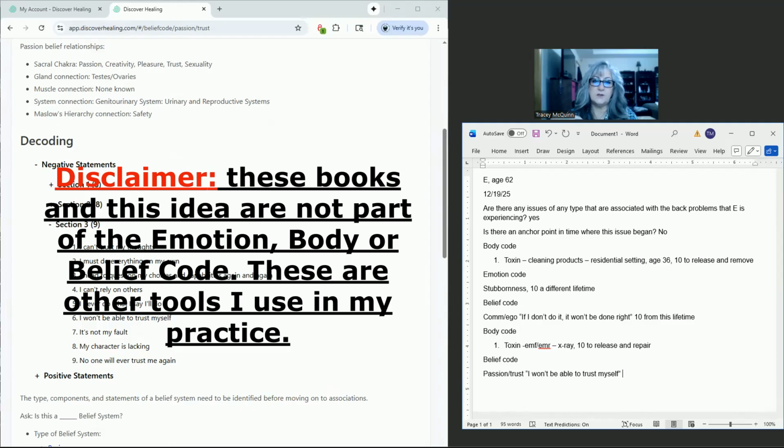So maybe there's something, depending on the side of the body it's on, you might be needing to move forward from something from the past or move forward into this, step forward or something in the now. You're not, you know, moving on or whatever. So there can be different things like that.